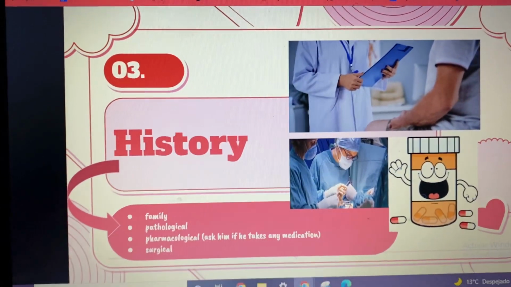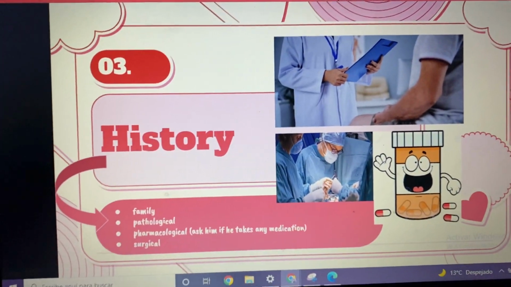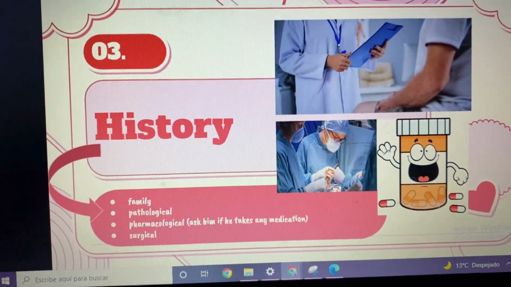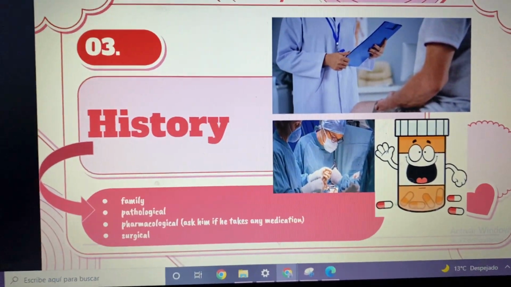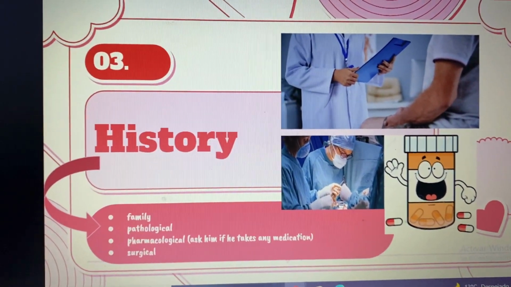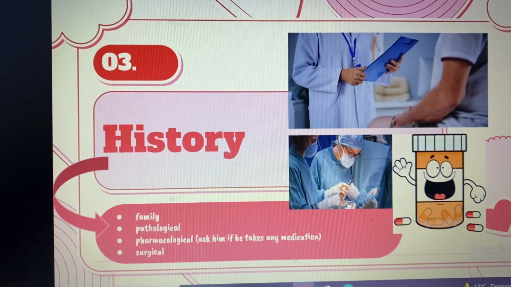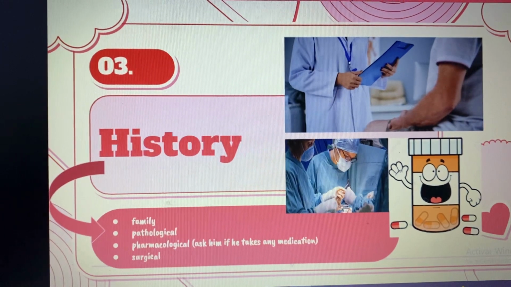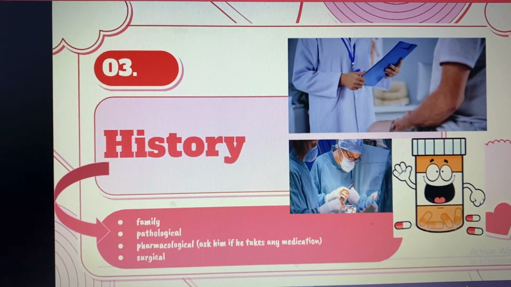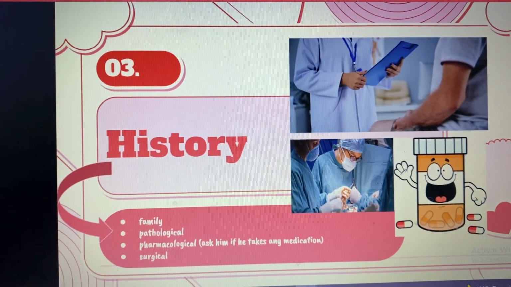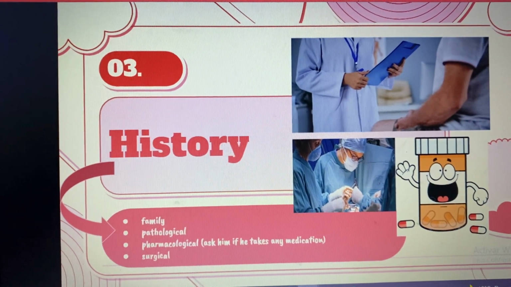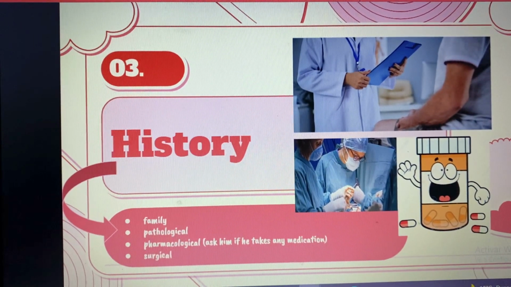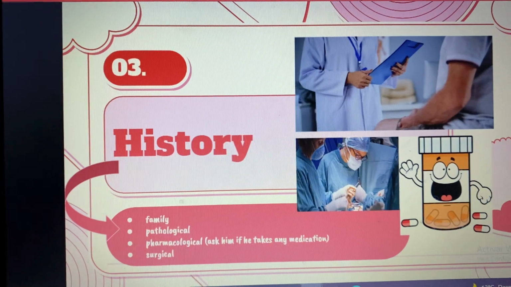Okay, we are going to continue with history: family, pathological, pharmacological. Ask him if he takes any medication. For example, surgical history. These are important to be able to carry out a good treatment plan.